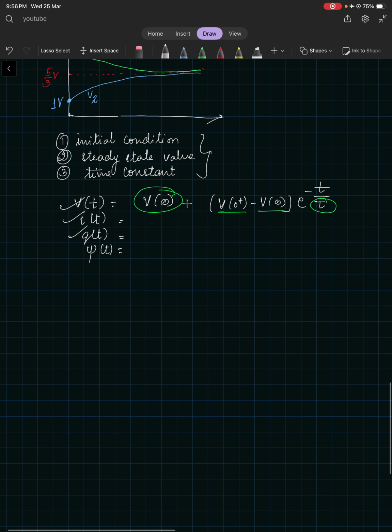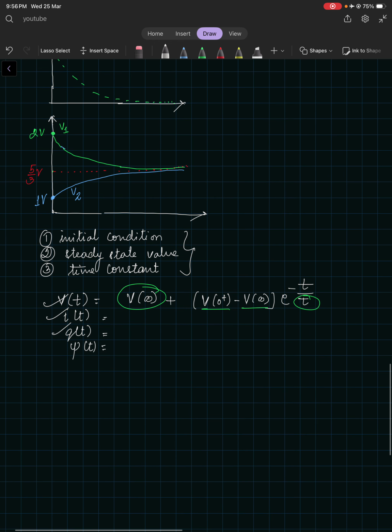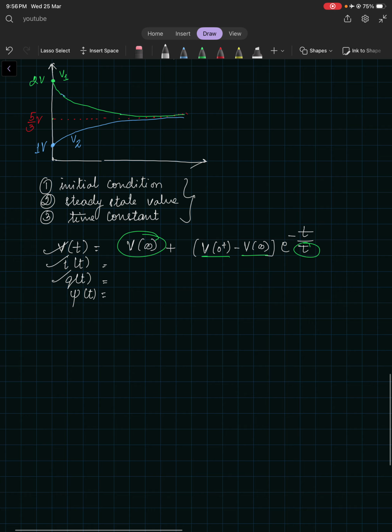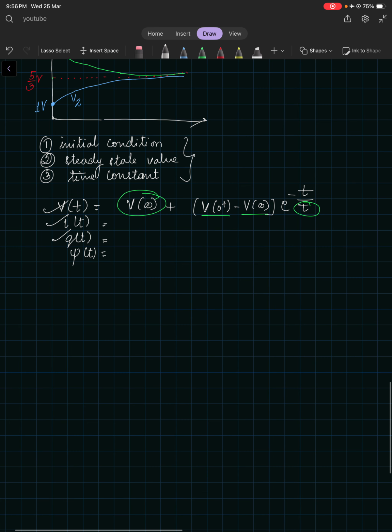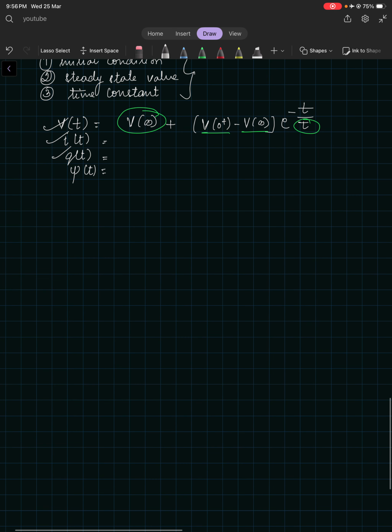Okay, so let's approach the same question using this method. That means if I know the initial condition, the steady state and the time constant, I can solve it.